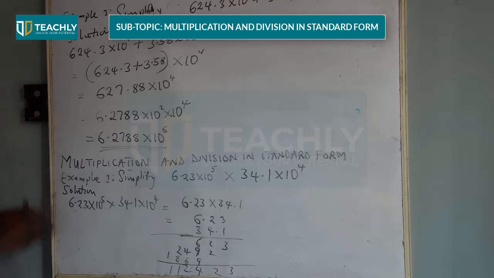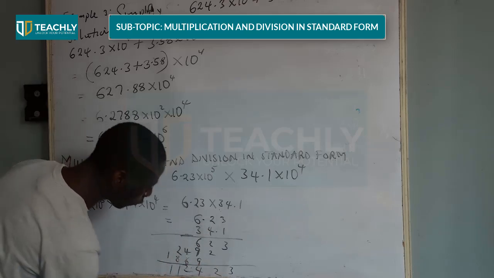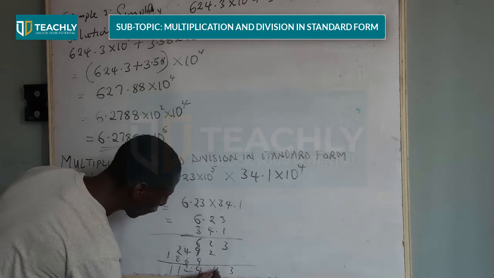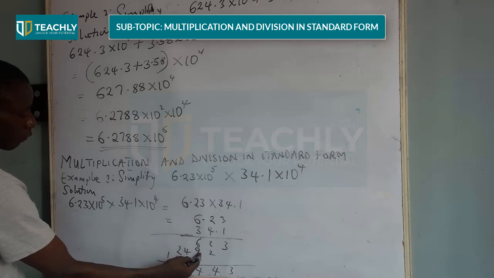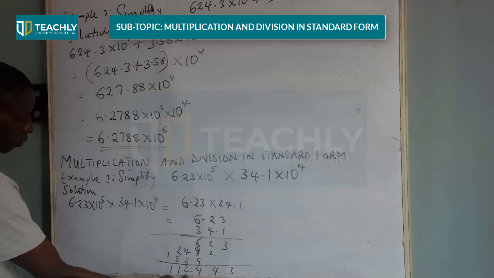Look at this part: 2 plus 2. That's an error. So here we have 3. 2 plus 2 should be 4, not 2. So 2 plus 2, 4. 6 here, 15, 24. Write 4, keep 2.